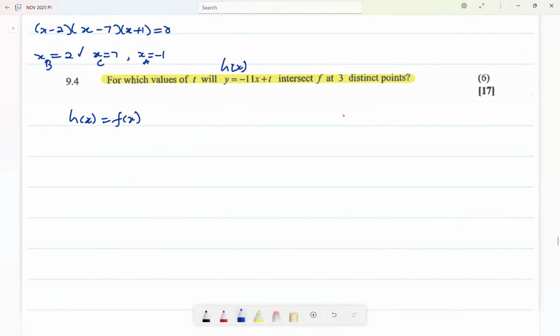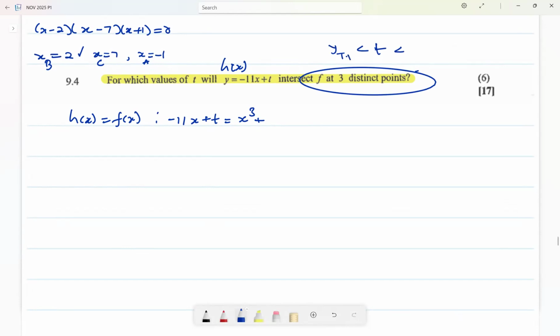And then I'm going to say this is the same as negative 11x plus t. It is equal to x cubed. Guys, just remember this part, that for these to have 3 distinct points, the value of t should be between the y coordinates of the turning points.